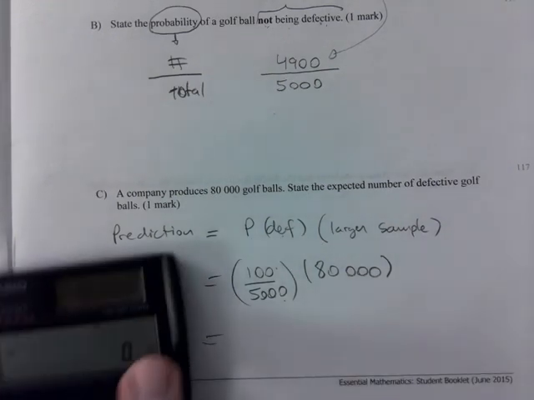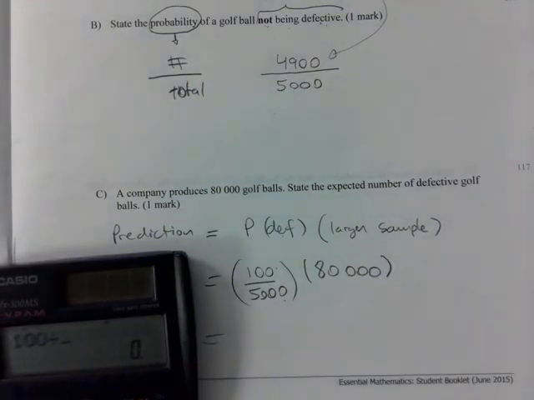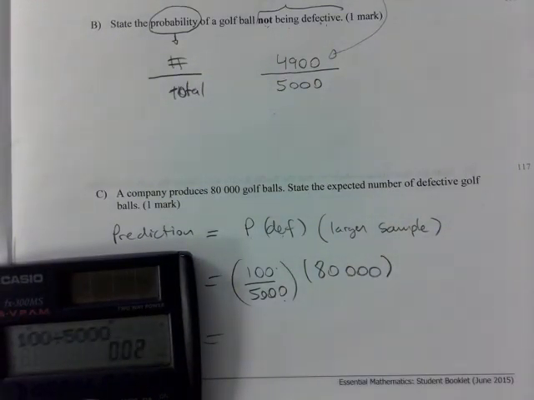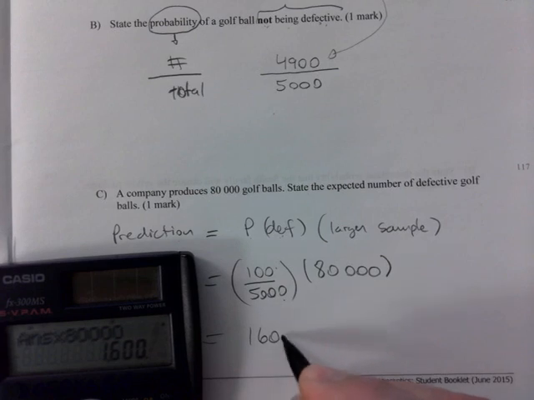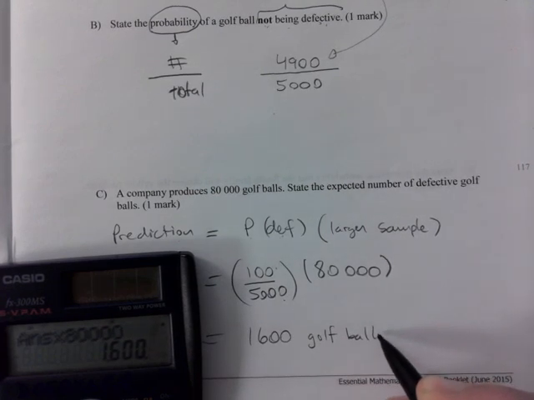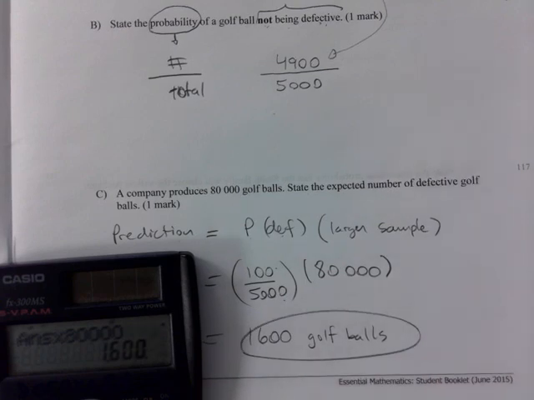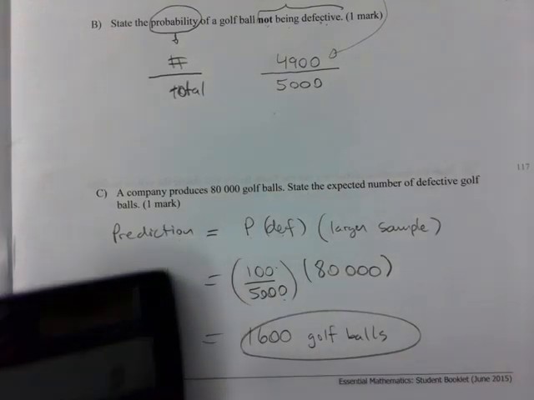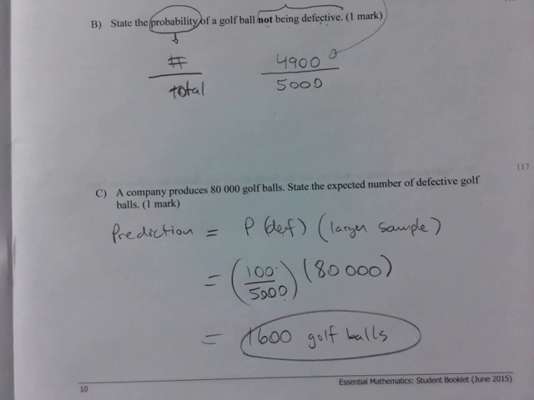Grab your calculator. 100 divided by 5,000. That's 2%, right? 0.02 times 80,000. That's 1,600 golf balls. If this had been a decimal, make sure you round to the nearest whole number.